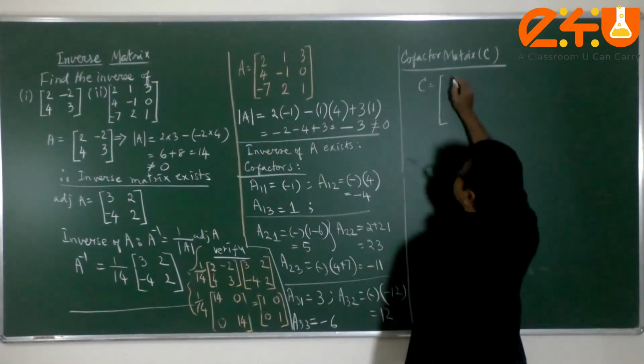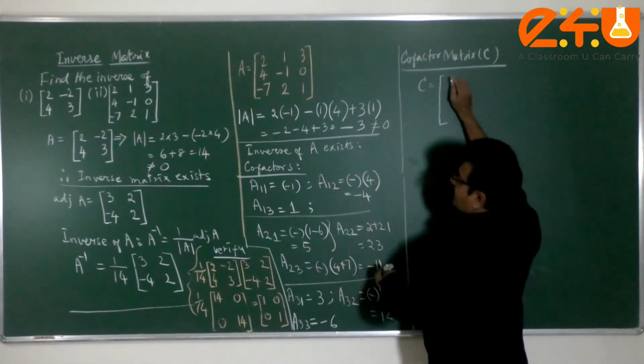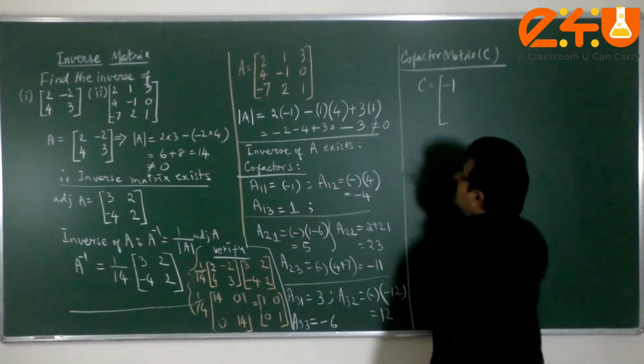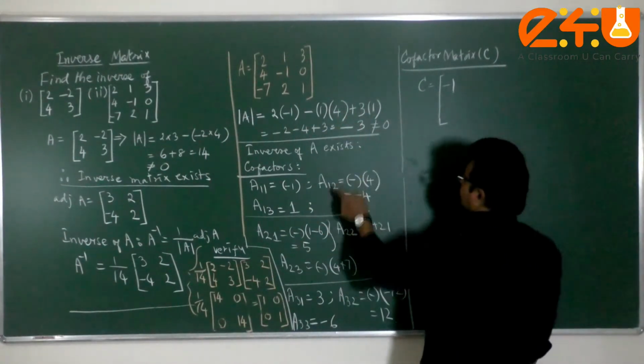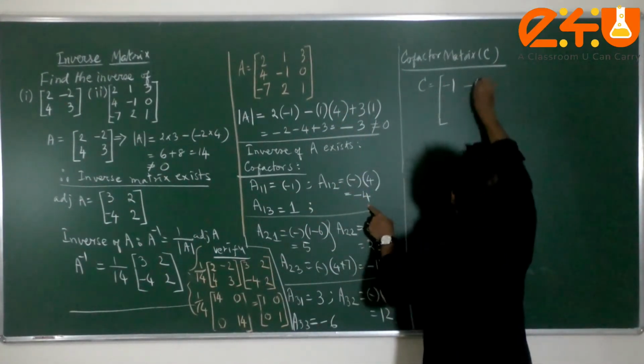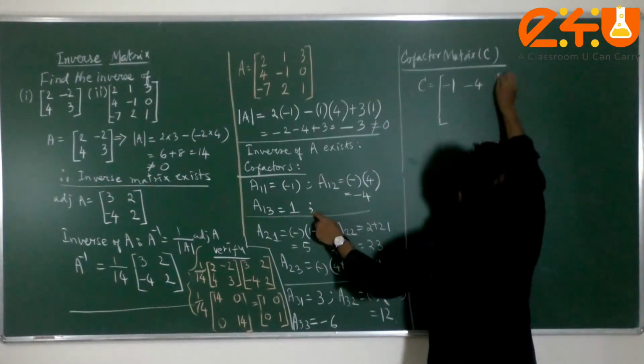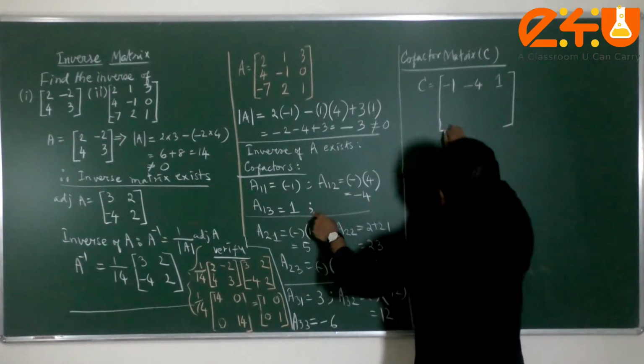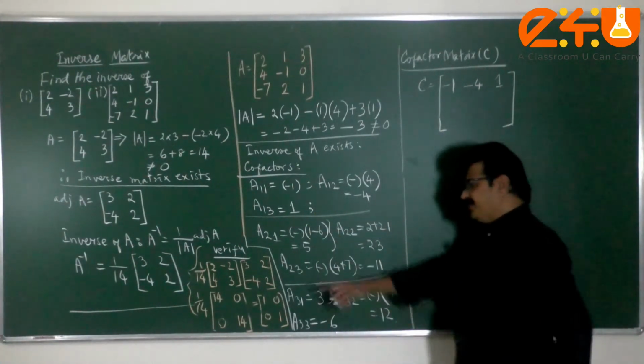So in place of 2, you replace A11, cofactor 11. Replace 1 with A12, negative 4, and A13. So just go on writing the cofactors in their relevant locations.